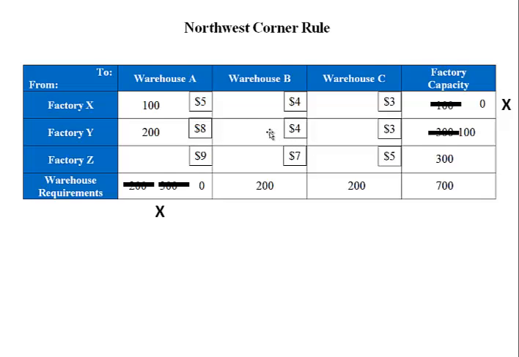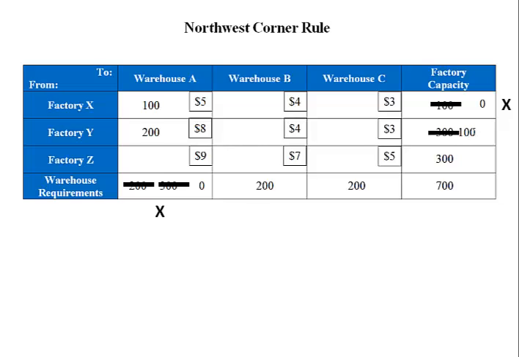In the next column, when I optimize between what's left, 4 and 7, I see that 4 is less than 7, therefore 4 is the minimum number, and I see that 100 is what factory Y can now supply, but warehouse B demands 200.